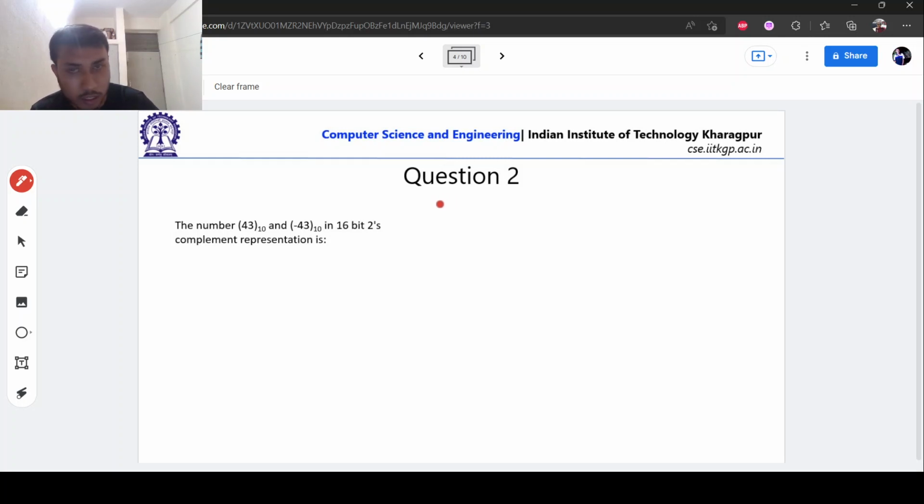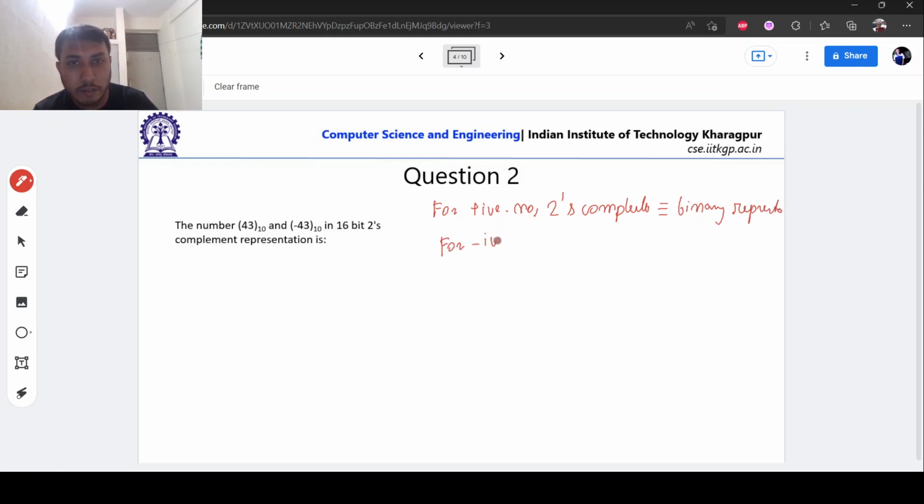So let me write. For a positive number, 2's complement is equivalent to the binary representation.